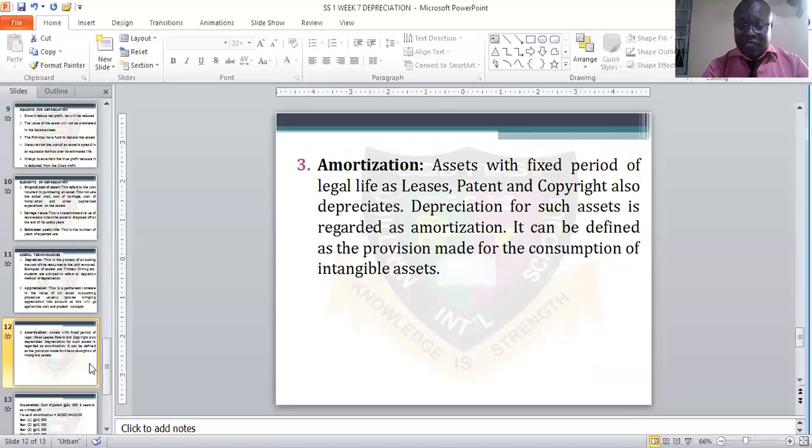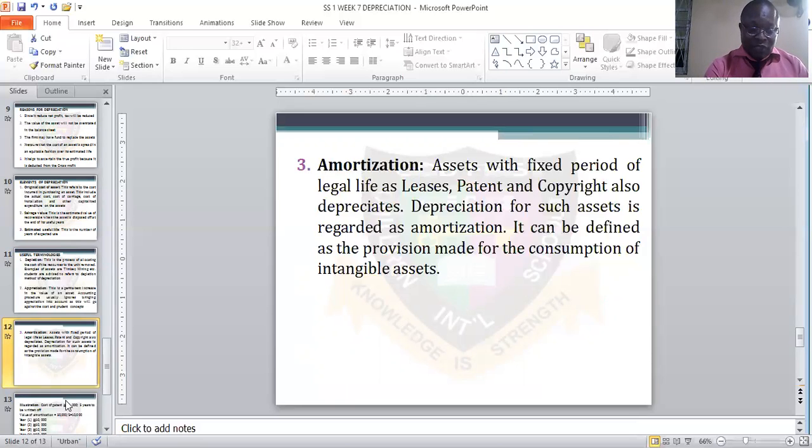So depreciation for such assets is regarded as amortization. Copyright is sometimes called an asset in accounting, and it also depreciates. So it can be defined as a provision made for the consumption of intangible assets. So we can recognize this as an intangible asset.